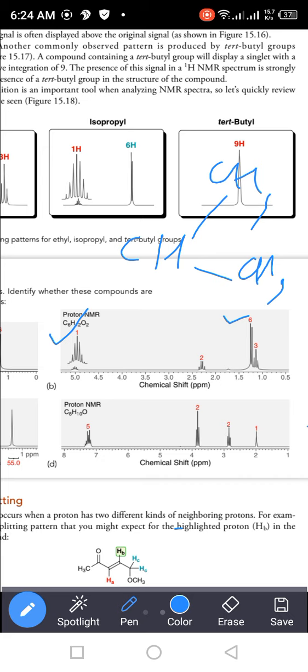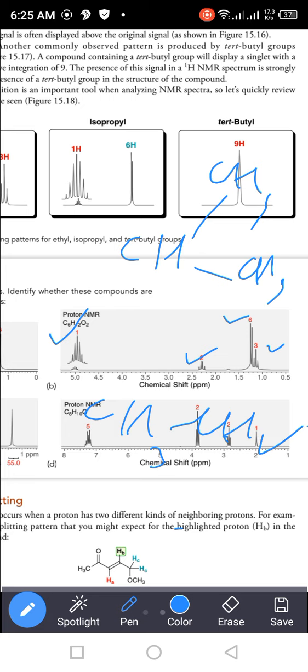Remaining two having integration value proton 2 and 3. 2 having quartet and 3 having triplet, or 2 proton integration value having quartet and 3 proton integration value having triplet will be, in this case, CH3 and CH2 of the ethyl group.